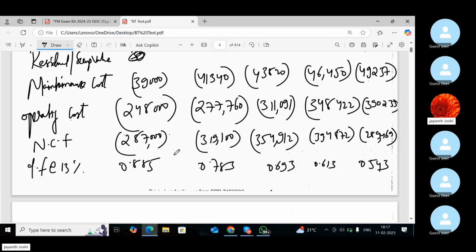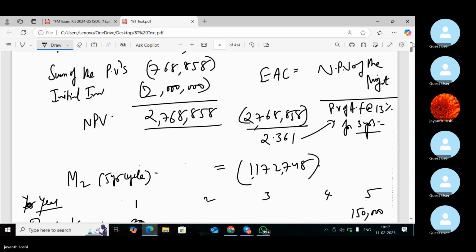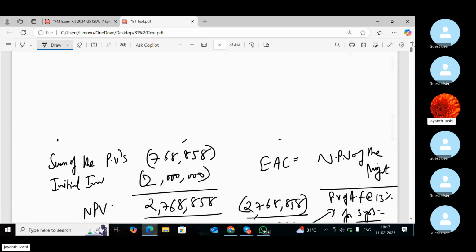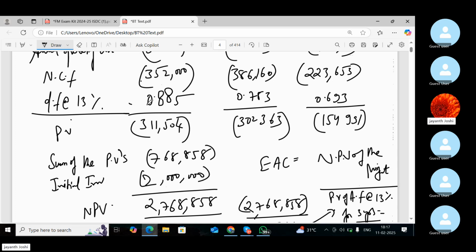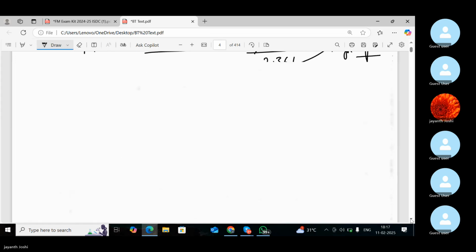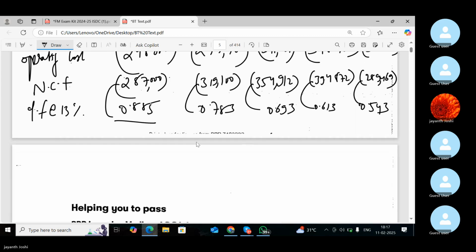And then we're going to multiply them to find out the present values, this into this, whatever is given. So the same thing we did there also, multiplied. So it is 2,53,995.